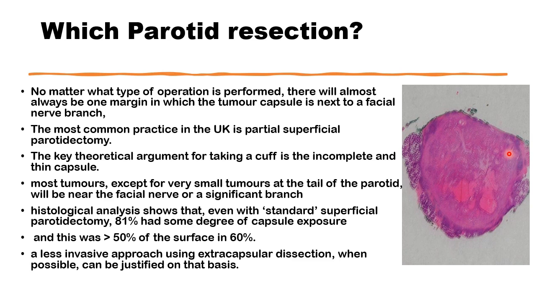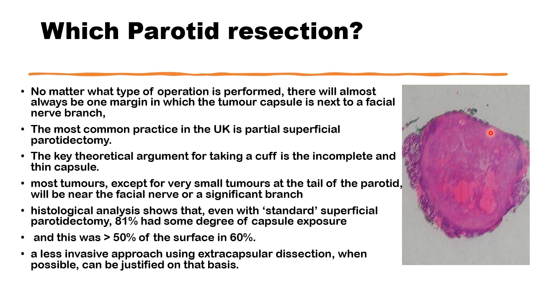But most of these tumors, except for very small tumors at the tail of the parotid, will be near a facial nerve branch anyway, and dissection of the facial nerve branch would expose the thin capsule. Histological analysis shows that even with the standard superficial parotidectomy or the partial superficial parotidectomy, 81% had some degree of capsular exposure.